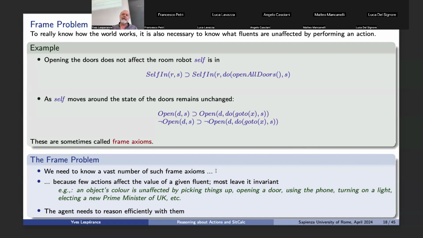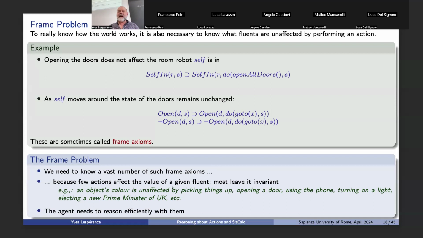Well, the problem is that you need a lot of these frame axioms that say that things don't change. In fact, if you have a more realistic example, there will be very few actions that affect the value of a particular fluent. Most of the actions will leave things unchanged. For example, think about the fluent color, that some object is a particular color.